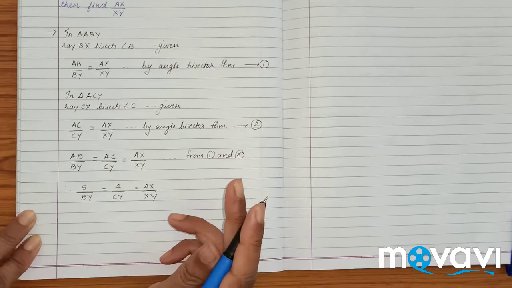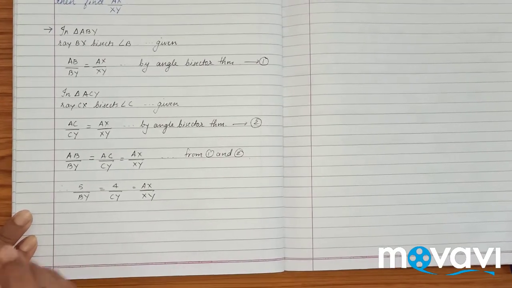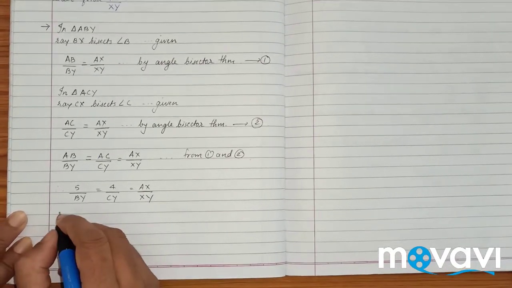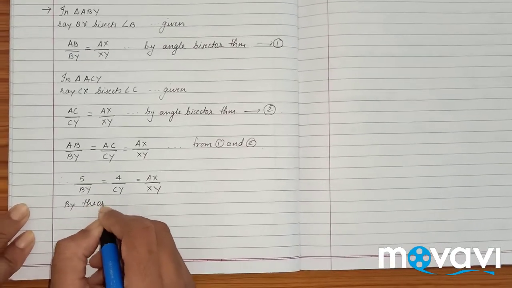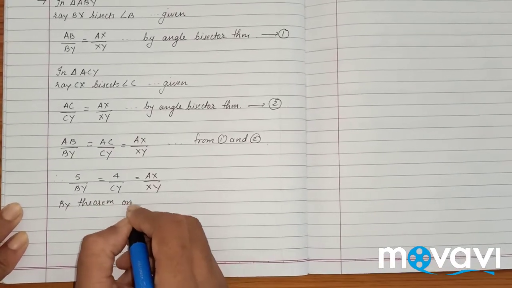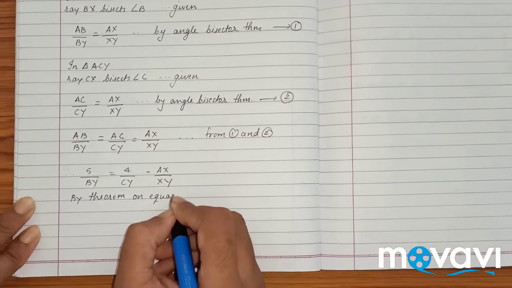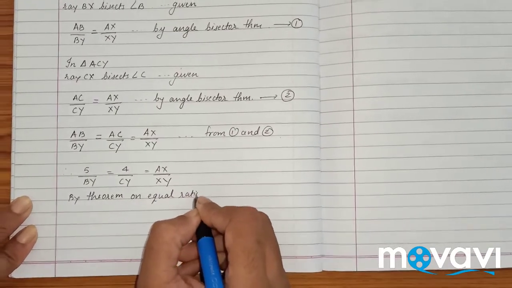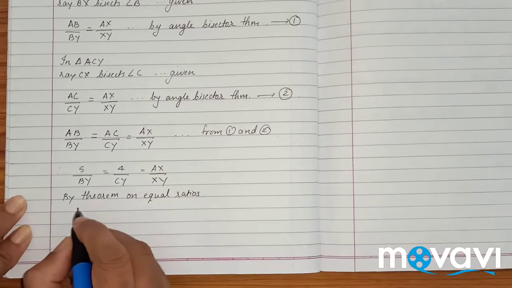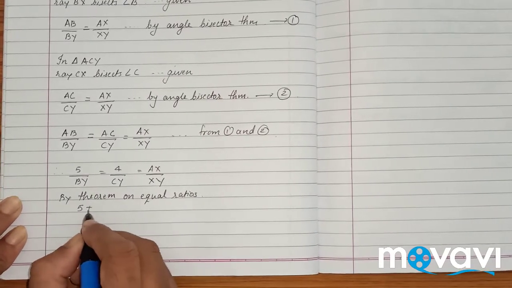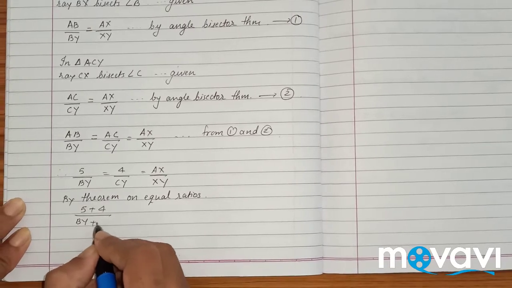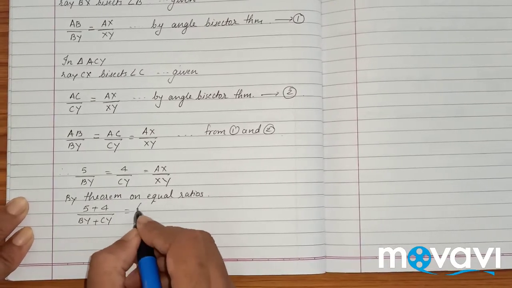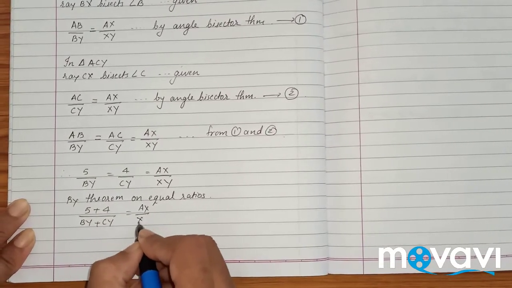You remember? Yes. So I am going to make use of that theorem over here. I am going to write this as 5 plus 4 upon BY plus CY is equal to AX upon XY.